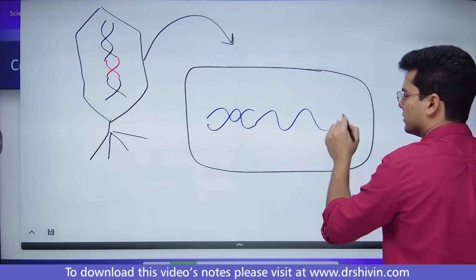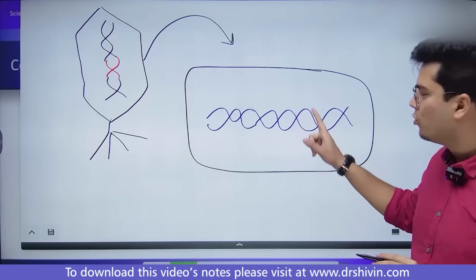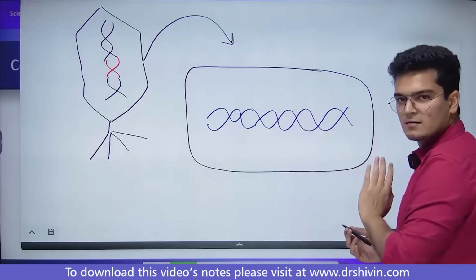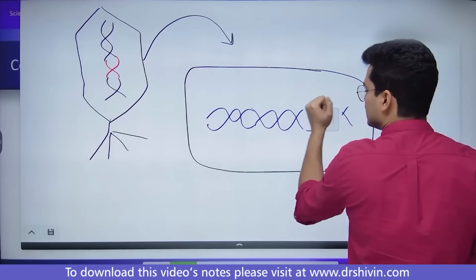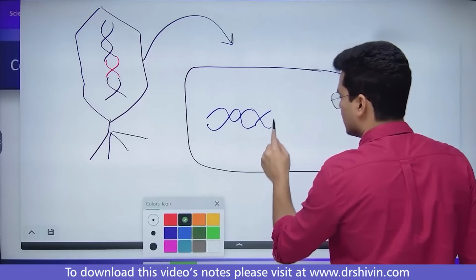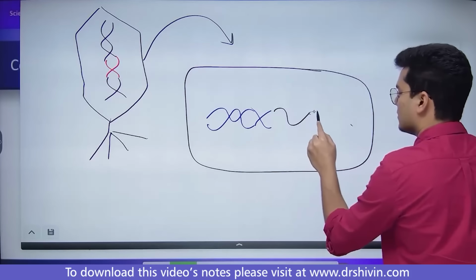Okay, I'll draw the whole thing. My DNA looks like this normally, blue color. The adenovirus comes, it has the ability to integrate. So what it does is, my DNA now starts looking something like this. Adenovirus DNA gets integrated.